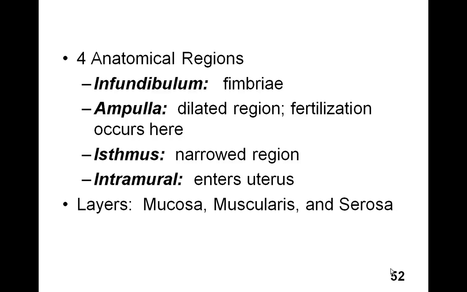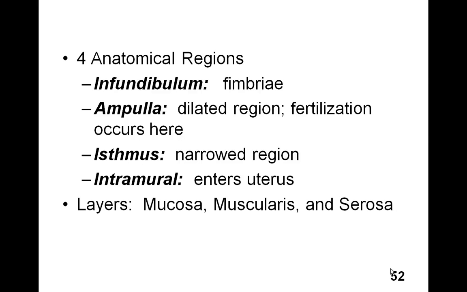The infundibulum is the region of the oviduct that is equipped with those finger-like projections known as fimbriae. And the fimbriae are going to be lined also, obviously, with some ciliated cells. And this is the region that actually overhangs the ovary.